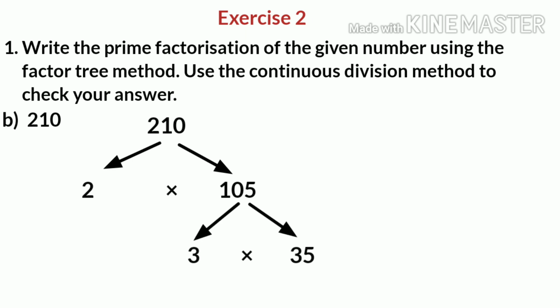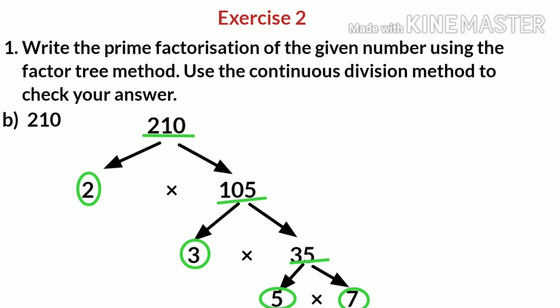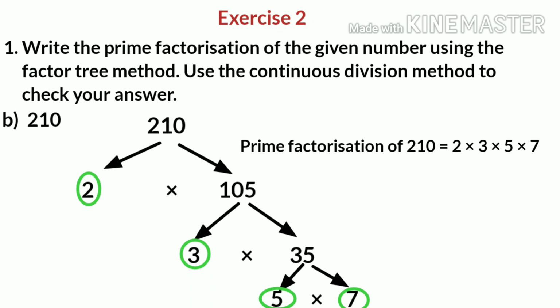Now since 3 is also a prime factor, we will leave it as it is. And then we will factorize the composite factor, that is 35, as 5 multiplied by 7. Now, since we got the prime factors of all the composite factors, we will stop this process. So the prime factorization of 210 is 2 multiplied by 3 multiplied by 5 multiplied by 7.